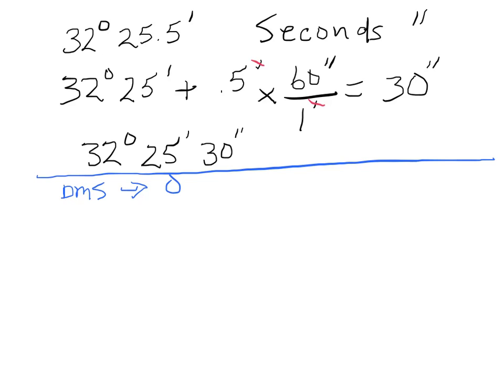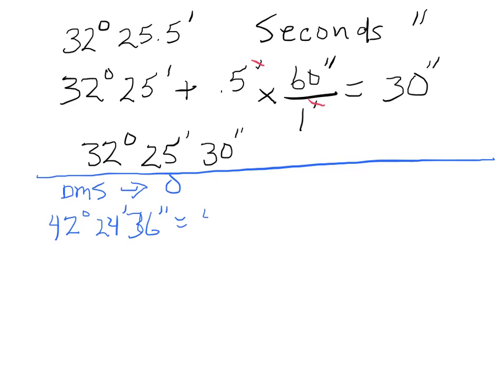So let's say, for example, we've got 42 degrees, 24 minutes, and 30, sorry, go backwards. Can I do that? No, it won't let me. So I'm just going to write over the top of it. 36 seconds.